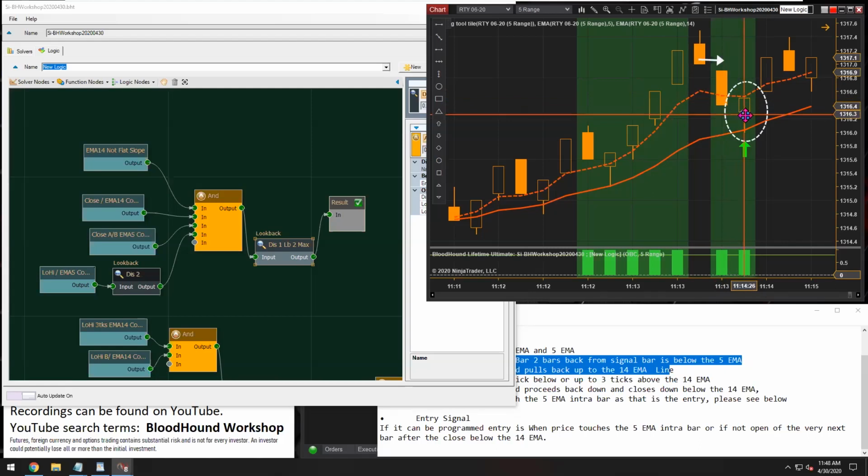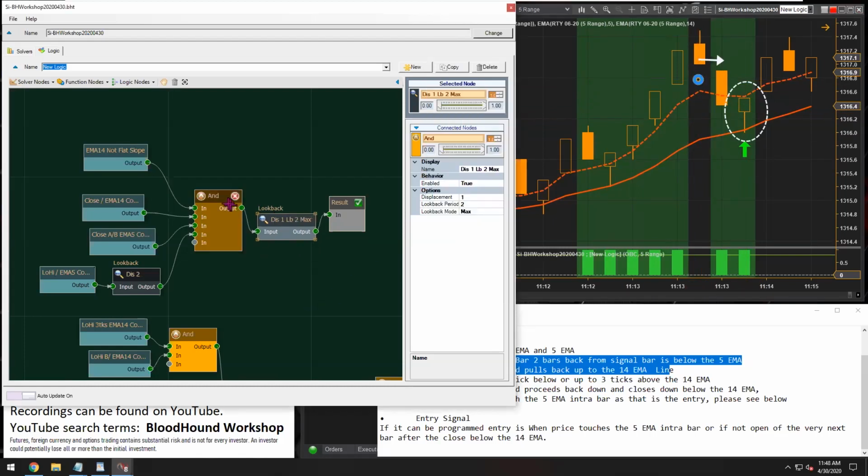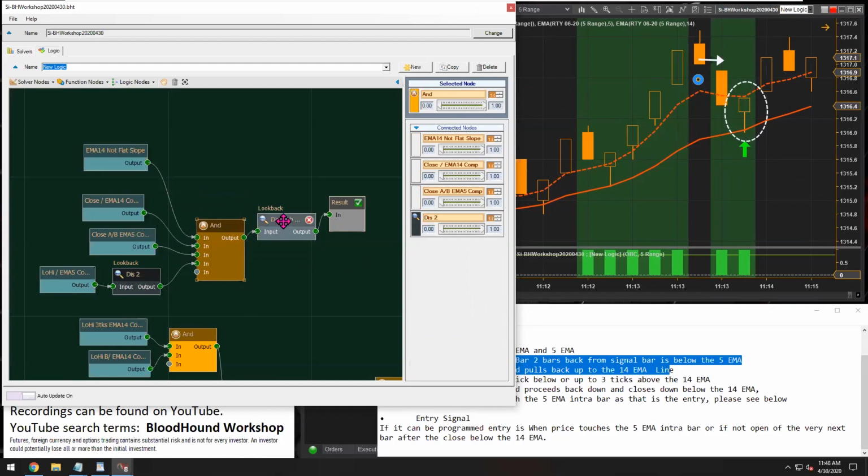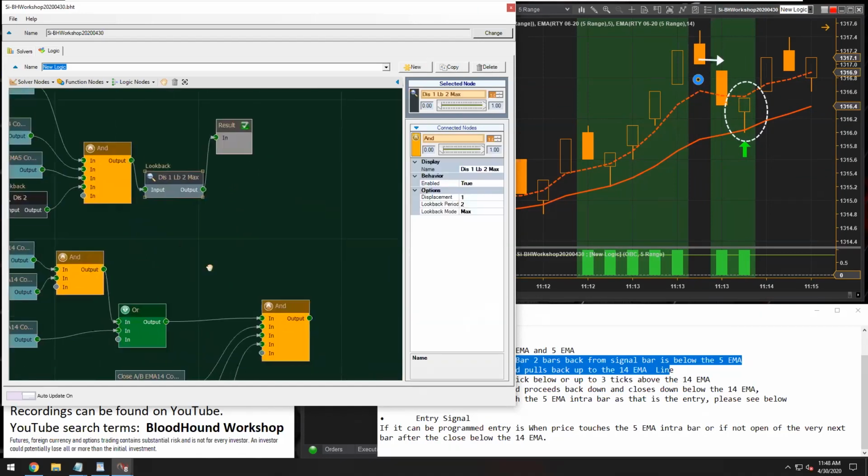So the 2 long outputs on these 2 bars are this pre-qualification setup, extended 2 bars to hopefully get the setup bar. So we can take this and shift this down a little bit.